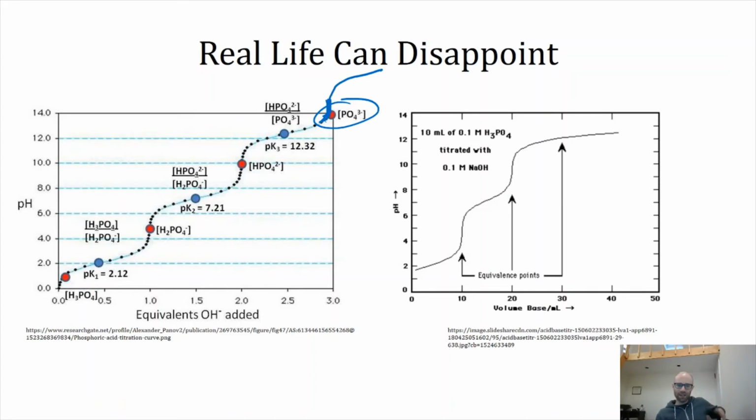Now, in real life, when you actually titrate phosphoric acid with sodium hydroxide, you get something like the graph on the right, where 10 milliliters is definitely your equivalence point, and 20 is an equivalence point. There's no third. If you were graphing that yourself and looking at the graph on the right, I would wager that most of you, if I didn't tell you anything about it, would say that is a diprotic acid, and you just over titrated and kept measuring pH because you enjoy using a pH probe.